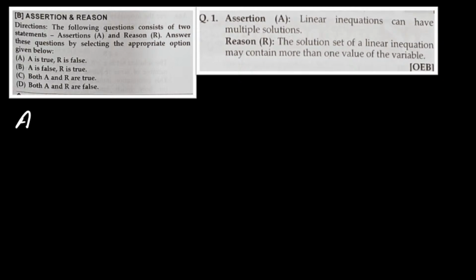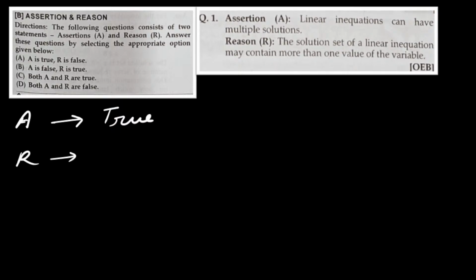We have discussed this thing, I think while doing the first question. Yes, it is true. In almost all of the questions we have found multiple solutions. So the assertion is true.